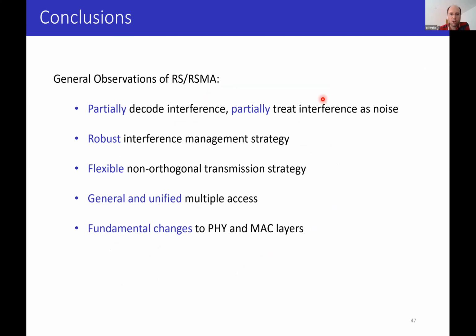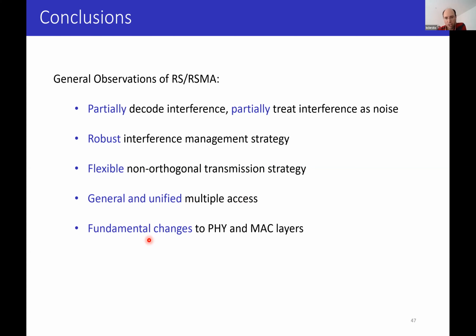And this partial treat and partial decode gives you robustness in terms of imperfect CSIT. It gives you the flexibility to adjust as a function of the level of interference in the network. And it enables you to have a completely general and unified multiple access strategy. So you don't need to look at OMA, SDMA, NOMA, and all those variants. They are all sub-strategies of this RSMA.